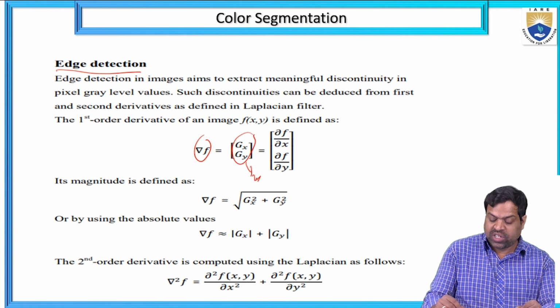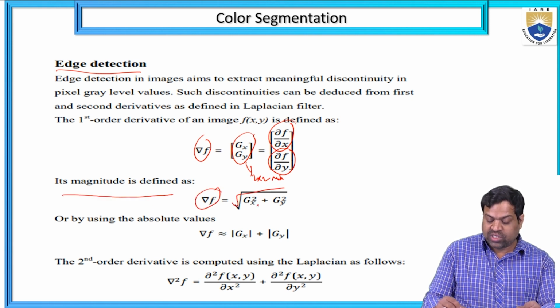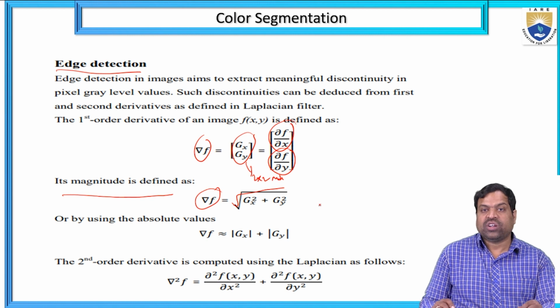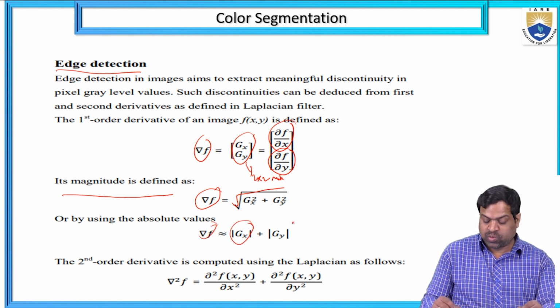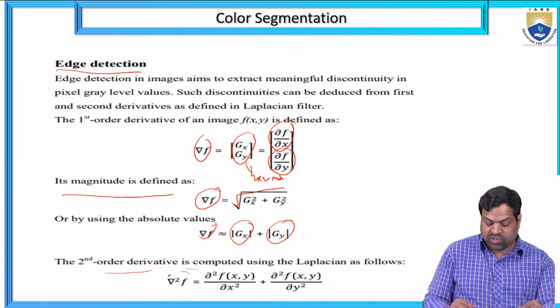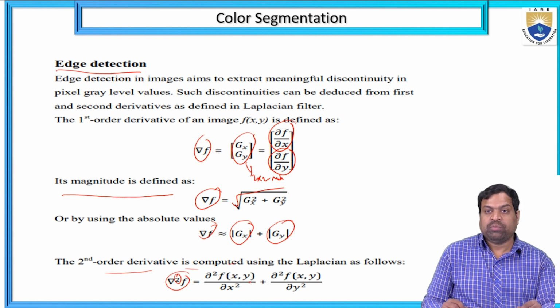So ∂f/∂x and ∂f/∂y. Its magnitude is defined as ∇f equal to square root of gx squared plus gy squared. But using the absolute values, ∇f equal to modulus of gx plus modulus of gy. Second order derivative: ∇²f equal to ∂²f(x,y)/∂x² plus ∂²f(x,y)/∂y².